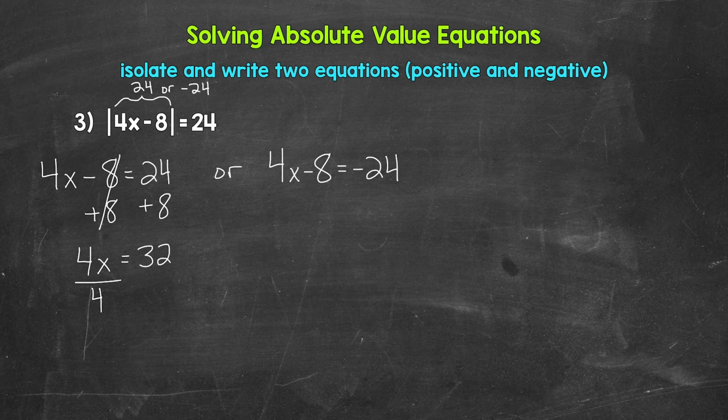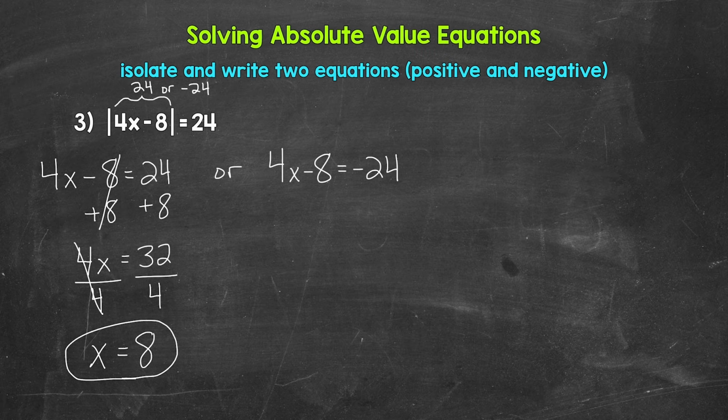So divide the left side by 4. We need to divide the right side by 4 as well. On the left side, these 4s cancel each other out. X is now isolated, so we have x equals, and then on the right side, 32 divided by 4 gives us 8. So x equals 8.